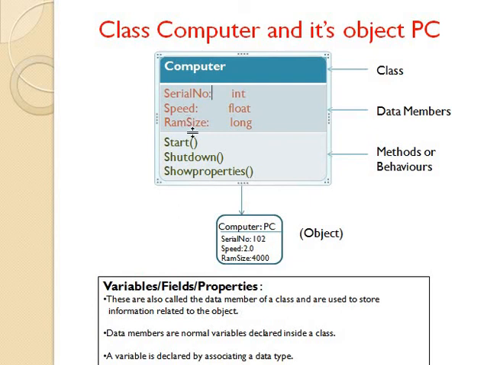This is because RAM size holds larger integer values, so the memory space allocated for RAM size will also be larger as compared to serial no.